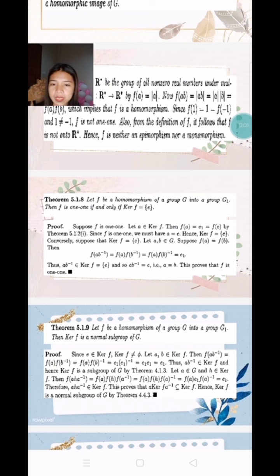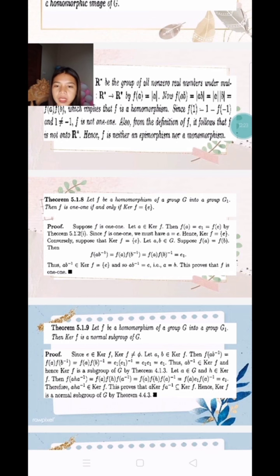Thus, ab to negative 1 is an element of kernel of f, which is equal to {e}, and so ab raised to negative 1 is equal to e. So that is a is equal to b. This proves that f is 1-to-1. Okay.